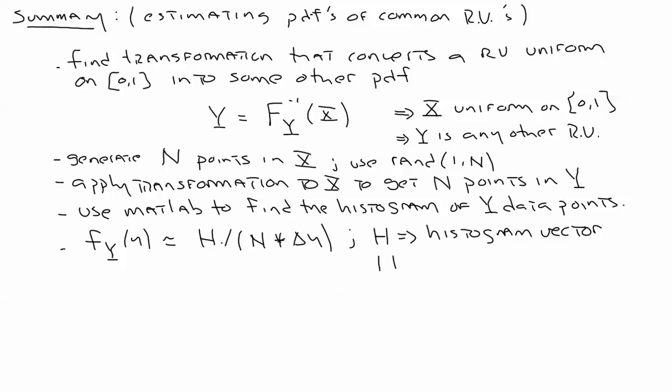I'll have m points in H, each centered at a bin. Delta y is my bin spacing. You can either specify that up front when you're calculating the histogram, or you can let MATLAB calculate it for you. You can plot the probability density function estimate if you wish.